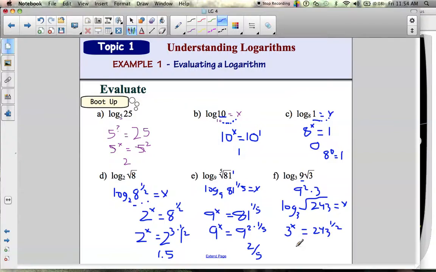Nope. Let's try 3 to the power of 5. And 3 to the power of 5 is it. So now we have 3 to the x equals 3 to the power of 5, because 3 to the power of 5 is 243, times that half that's waiting there. And our final answer is half of 5, which is 2.5.